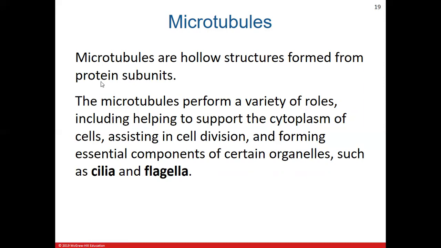One is that they help to form certain structures that play a major role in cell division. One of the parts of cell division is to move chromosomes around in the cell, and the microtubules form what are called spindle fibers that help to move different chromosomes around. They also help in forming what are called cilia and flagella. Both of these structures are organelles for movement, some kind of locomotion.